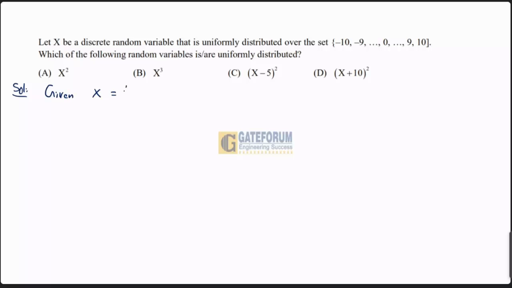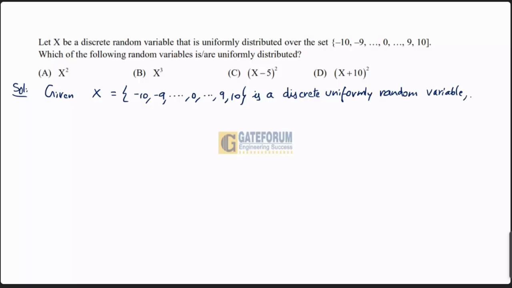So given X is equal to minus 10, minus 9, and so on, 0, and so on, 9, 10 is a discrete uniformly random variable with probability of each outcome 1 by 21.